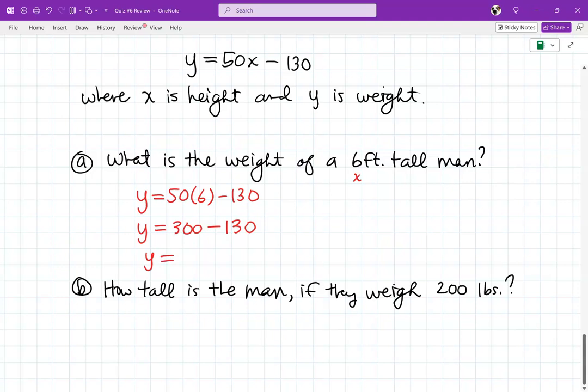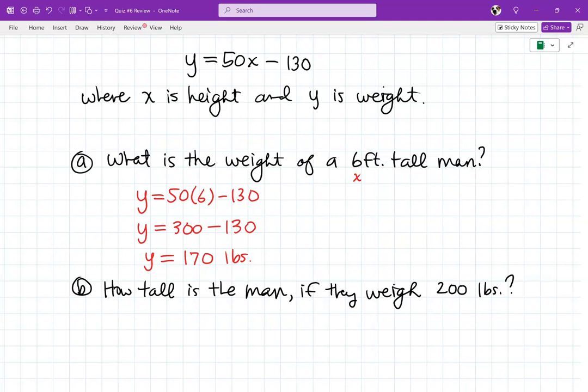So y is equal to, what is that, 170? So there you go. There's the weight that a 6-foot tall man should be according to this formula.